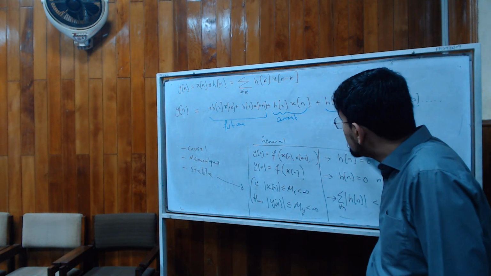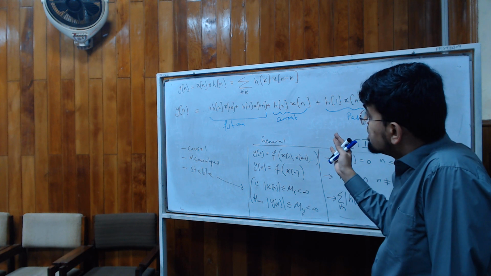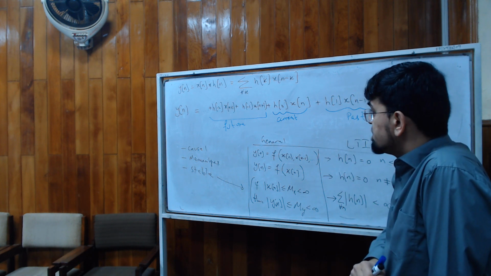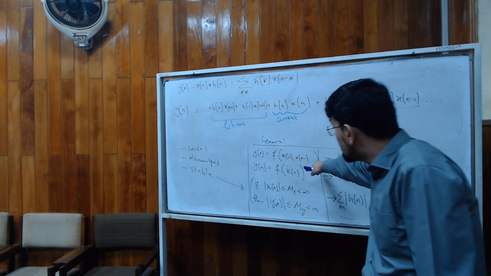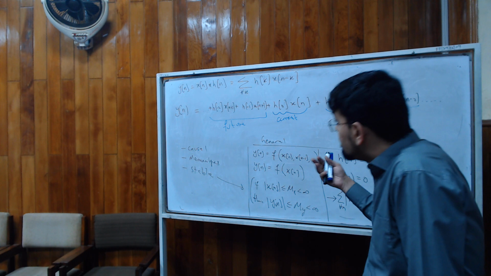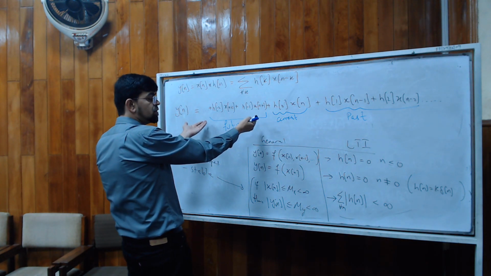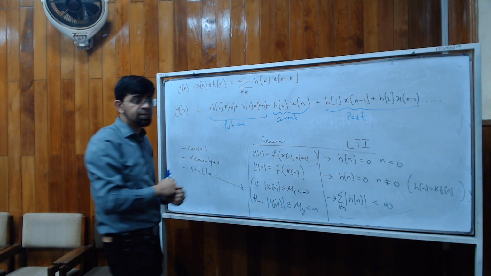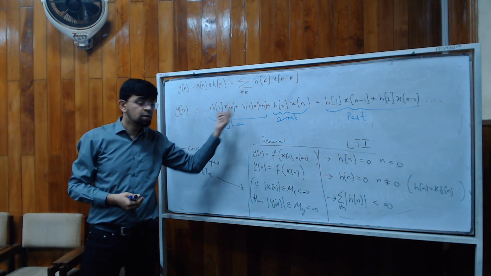Which of these terms should disappear in the output for this system to be causal? Causality says that you should not have any terms which are future input values. Where do the future input values show up? Here. Now, how do you make them disappear? You cannot require the input itself to be zero.